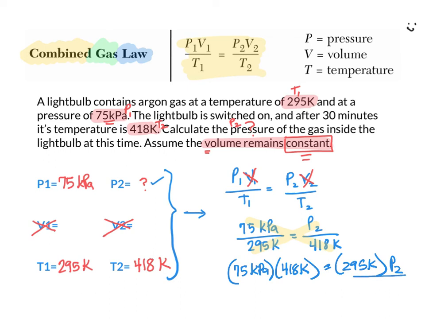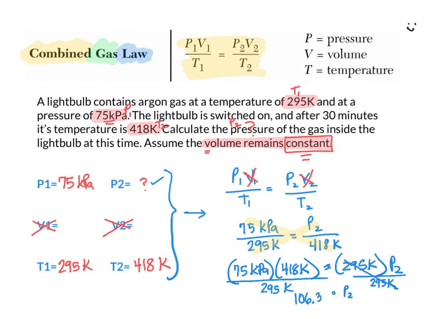Then I would just go ahead and do whatever it takes to get rid of the 295, which, as the opposite operation, is going to be dividing because it's being multiplied right now. I'm going to be able to cancel that out and then define that P2 is actually going to be this calculation right here of 75 times 418 divided by 295, and that is going to result in 106.27.